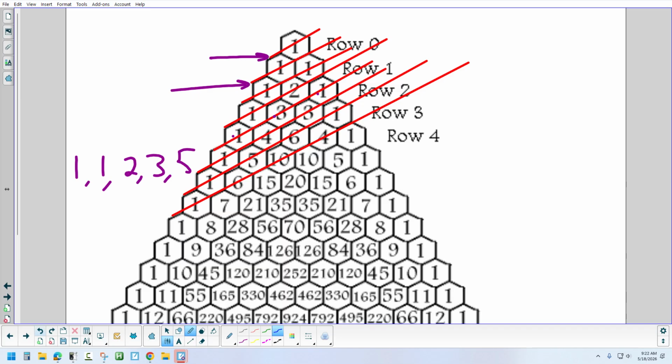Technically it's this one, column 2. Numbering is a little weird because the numbering always starts with a 0. Sometimes people get messed up with that. But this is column 0, 1, 2, column 3. So there's all kinds of different things you can do with Pascal's chart.